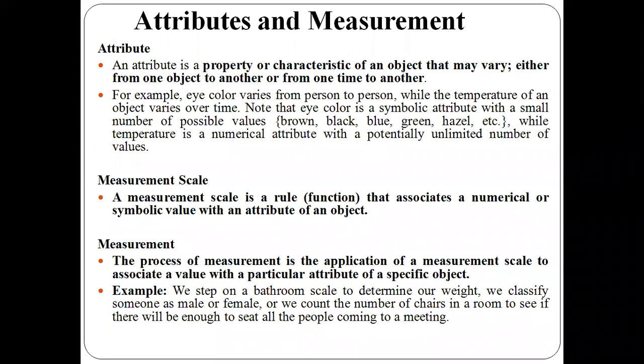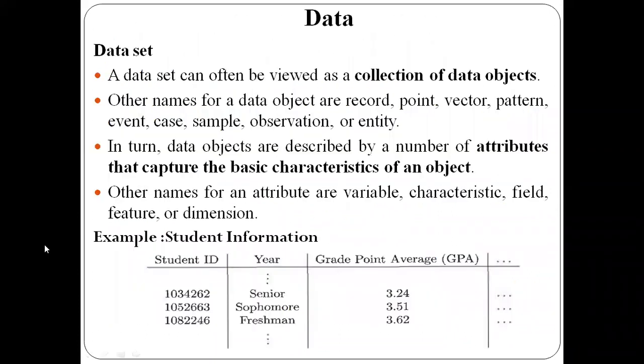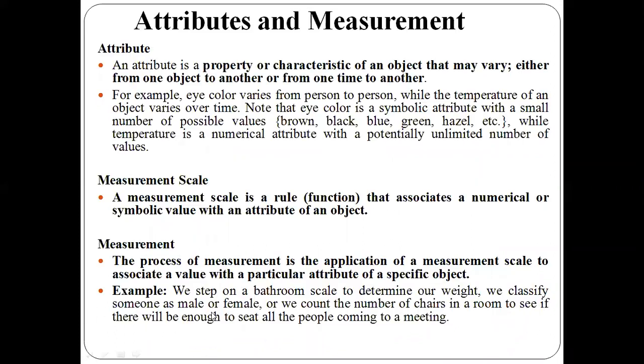Just like in the student information, the student ID is not fixed, it will change, and so will the grade point average. Marks will not be the same. This property or characteristic of an object that varies from one object to another or from one time to another is called an attribute.